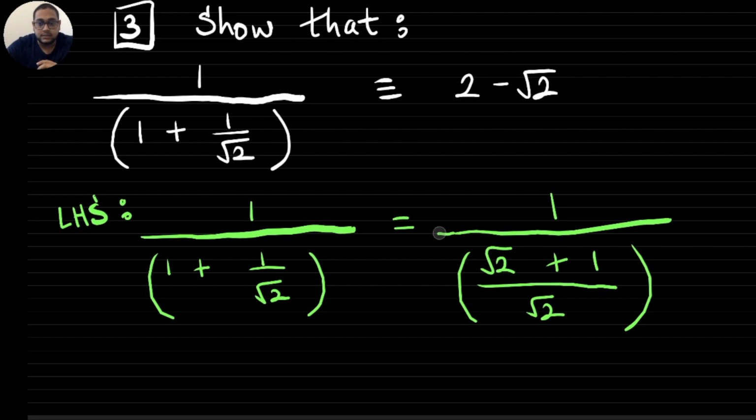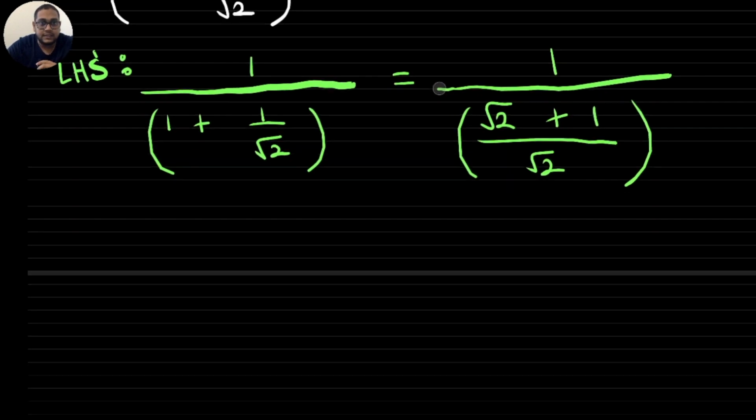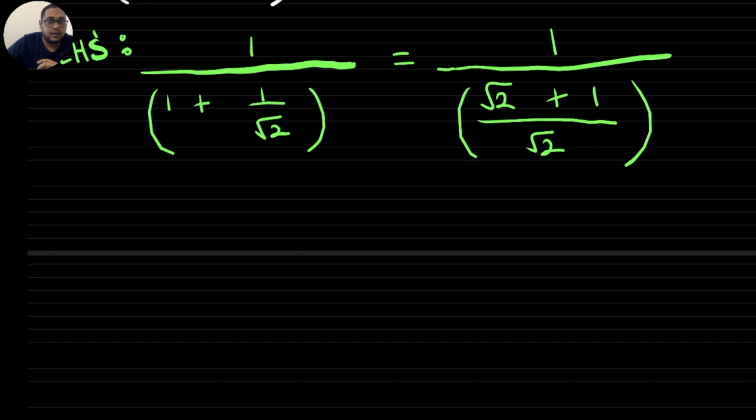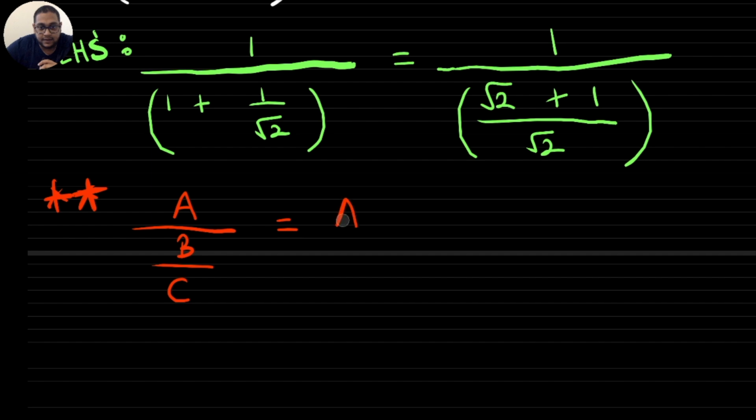Then moving on, we will consider a theoretical notation A over B over C. What this means is A divided by, I'm going to consider the first line as a division sign, and then B over C. That will be this fraction.